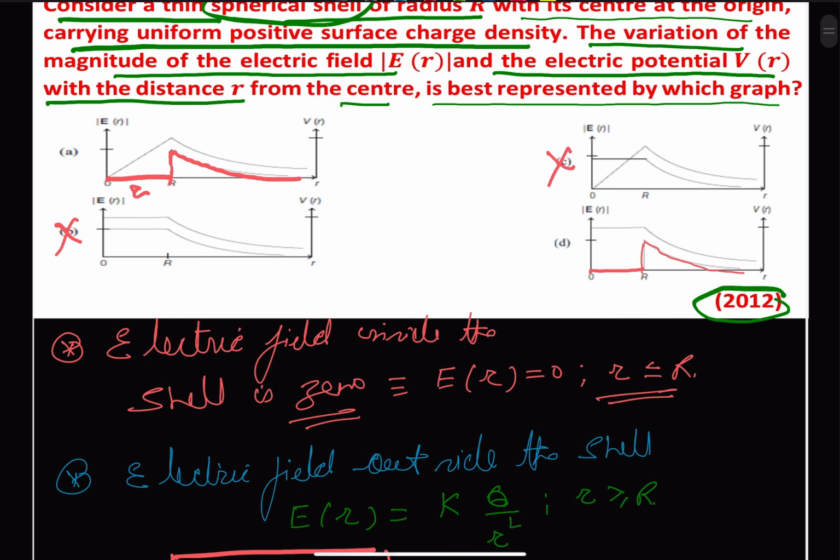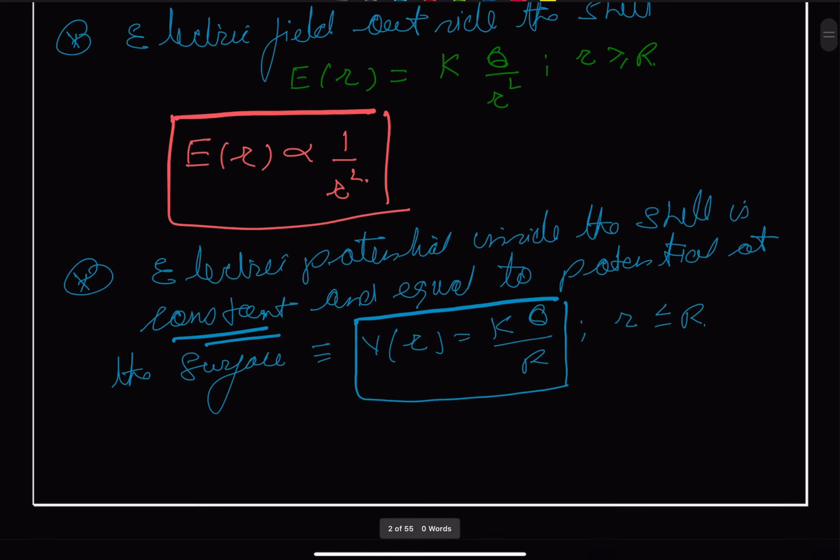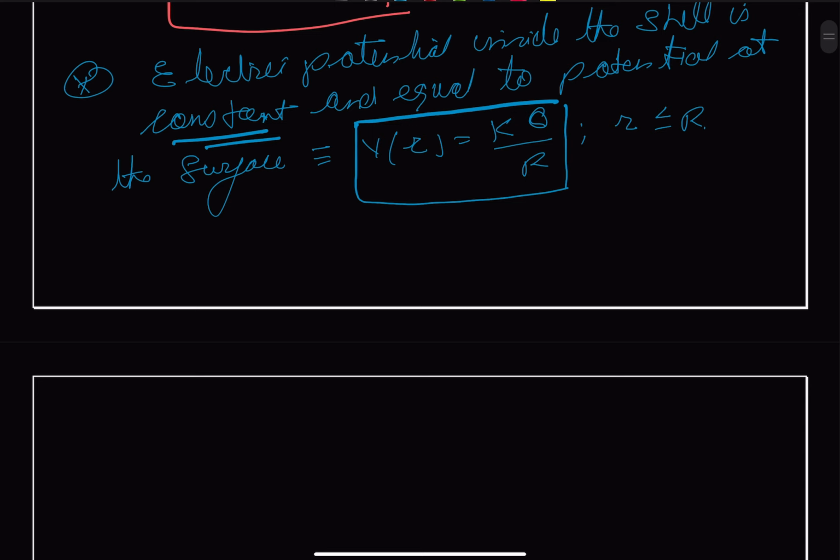Therefore, the only option that is correct is option number D, because here the potential is constant up till the surface, that is where R is equal to small r, and after that it decreases. Okay, the slope is on the lesser side as compared to our electric field, because here it falls by 1 upon R. We can write it if required.